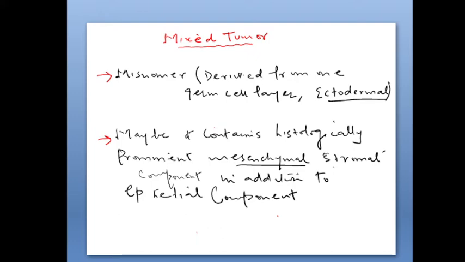The term mixed tumor is used nowadays also, but it is a misnomer because pleomorphic adenomas are derived from only one germ cell layer, that is ectodermal cell layer. Probably it was called mixed tumor because histologically, in addition to epithelial component, a prominent mesenchymal component is seen.